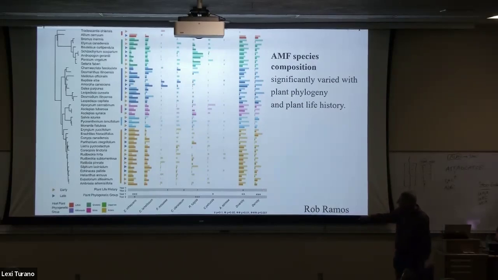And then we have tests by plant life history and tests by plant phylogenetic structure. So we have significant differences in composition, and we have significant differences in AM fungal diversity that's structured by plant phylogeny and by plant life history when we take out that phylogenetic effect. It's a bit of a mess to look at, but those are the take-home stories from that.